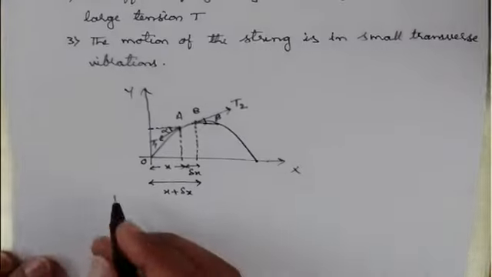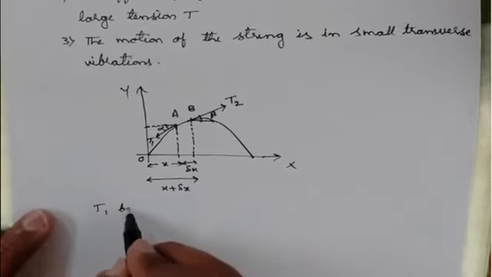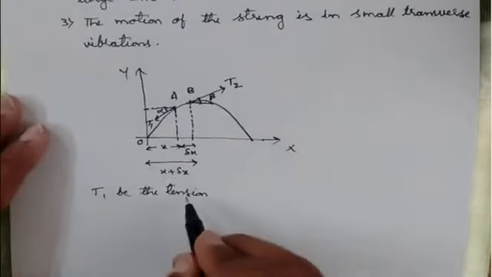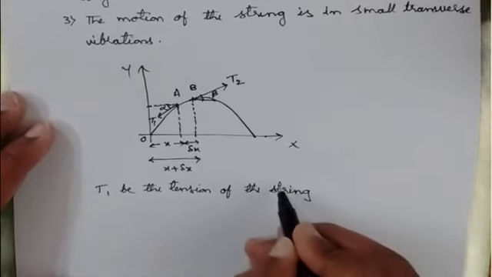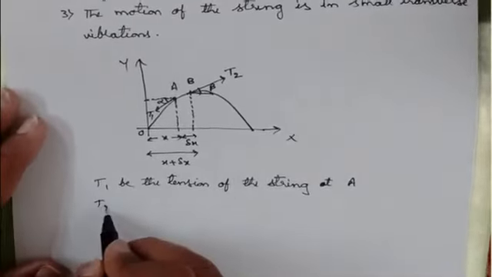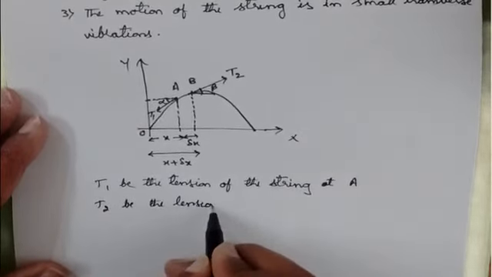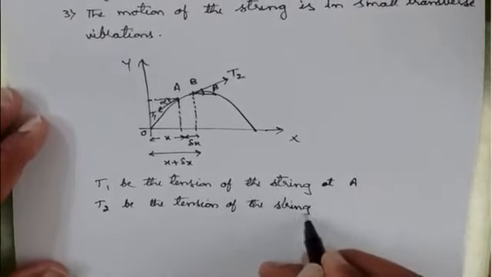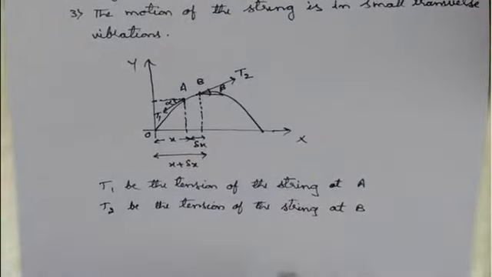T1 is the tension of the string at the point A, and T2 is the tension of the string at the point B. I'm just writing this statement so that you can make notes of this.